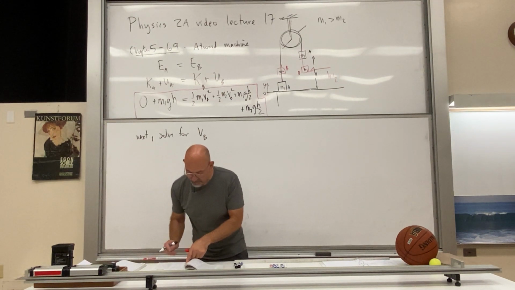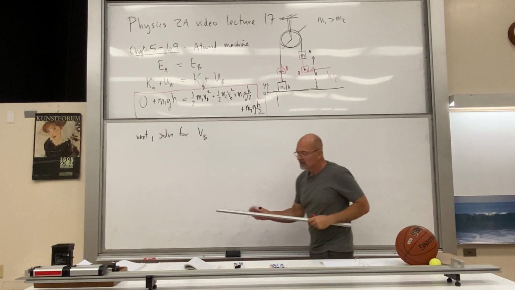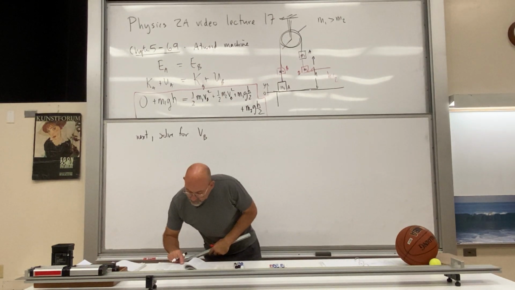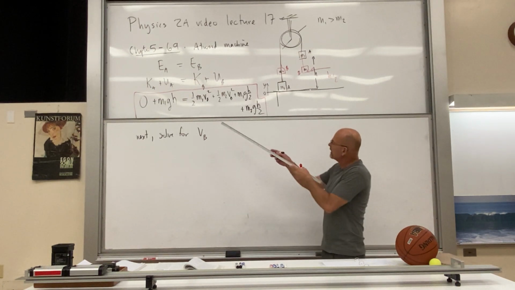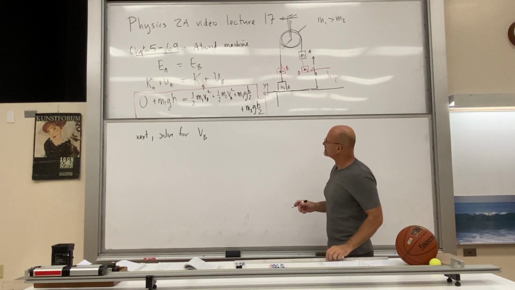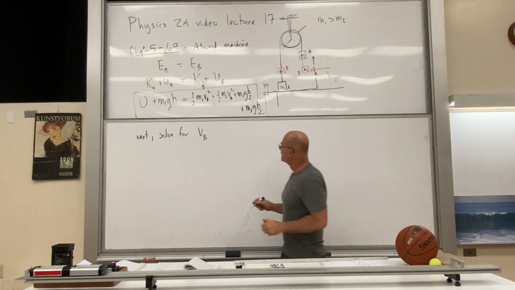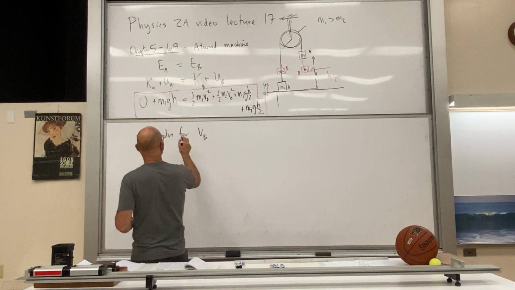This is part A of the problem. I'm not going to solve the whole thing. So solve for V sub B. If you have an equation, you just have to make sure you don't make any mistakes. I'll even get the ball rolling here.